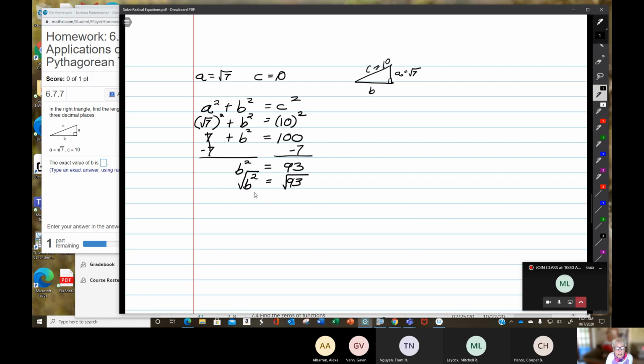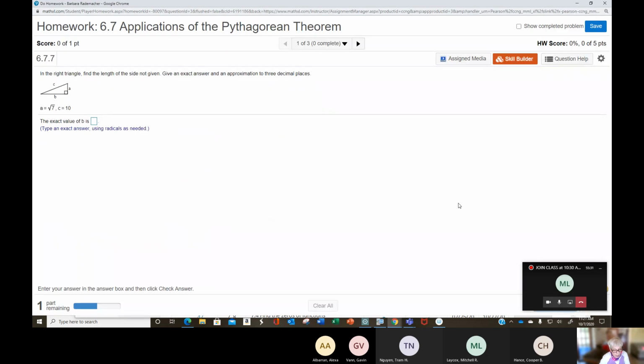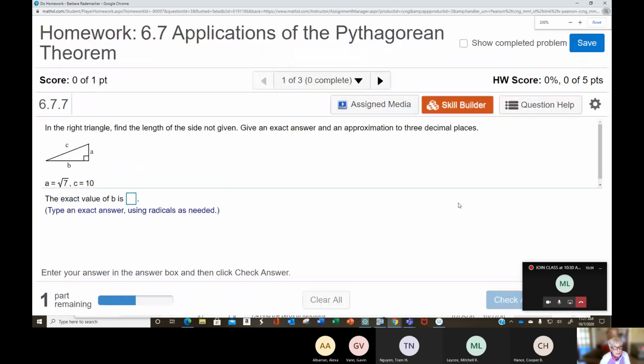The square root of B squared is B, so the exact answer is B equals the square root of 93. But if you're maybe helping your kid build a triangle, you're not going to go to Lowe's and say, hey, I need the square root of 93 feet of wood. No, you're probably going to put it in your calculator. See, it says type an exact answer using radicals as needed. Okay, I'm going to do that, and I'm going to make it bigger so everybody can see.